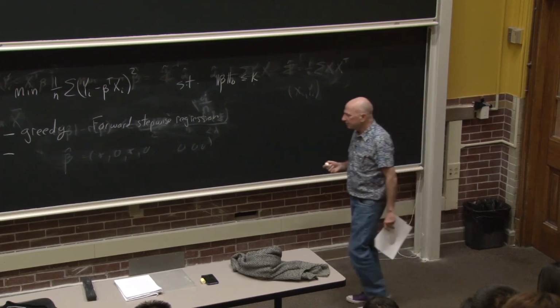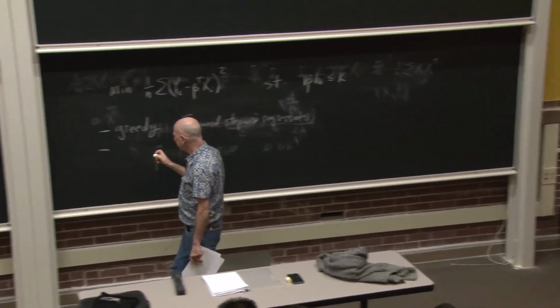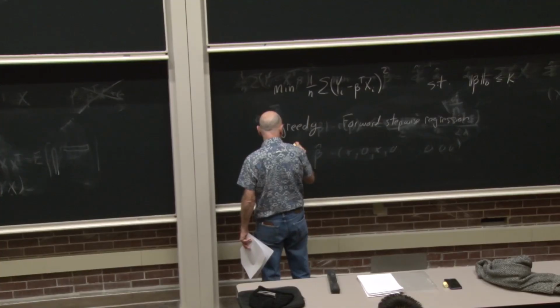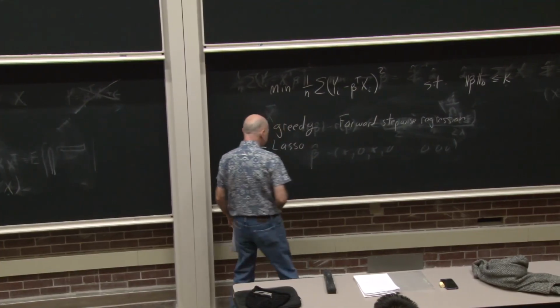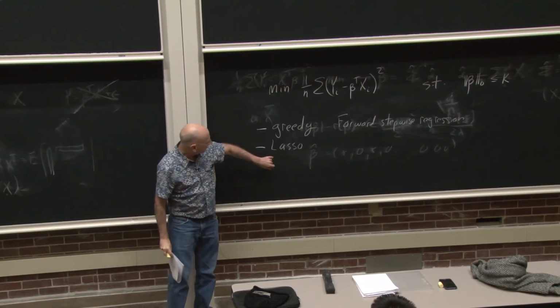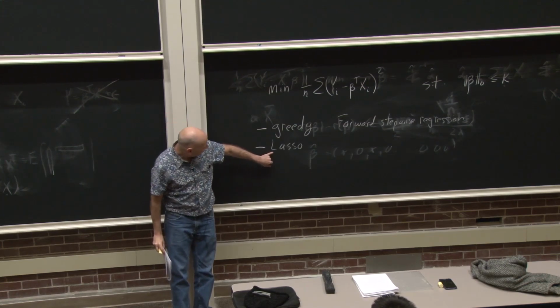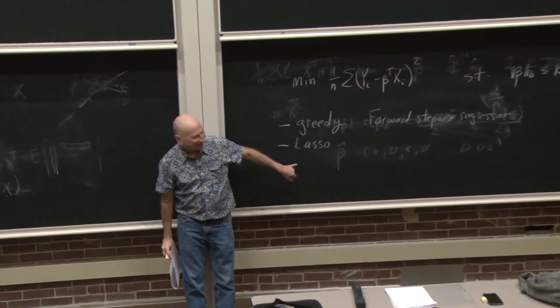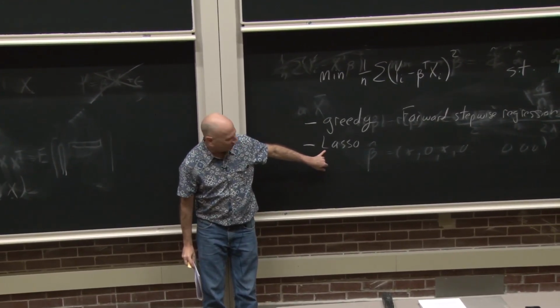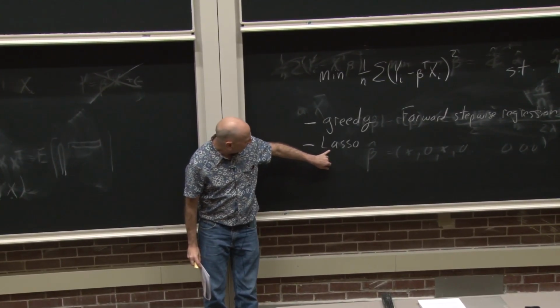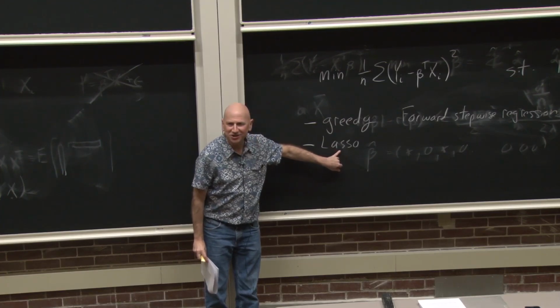But then along came, in 1995, Rob Tibshirani's paper on what's called the lasso. I never liked the name. I told Rob it was a stupid name. He didn't listen to me, because I can never remember what it stands for. Least something, shrinkage, selection, something.